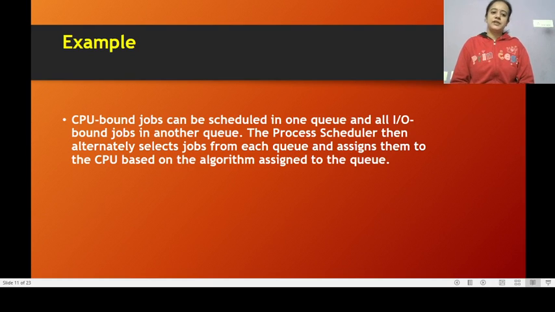Here we are differentiating CPU bound jobs, the jobs which need CPU execution, that will be scheduled in one queue, and the jobs which need any input output devices will be in another queue. The process scheduler selects the jobs from each queue and assigns them to the CPU based on the algorithm assigned to the queue.